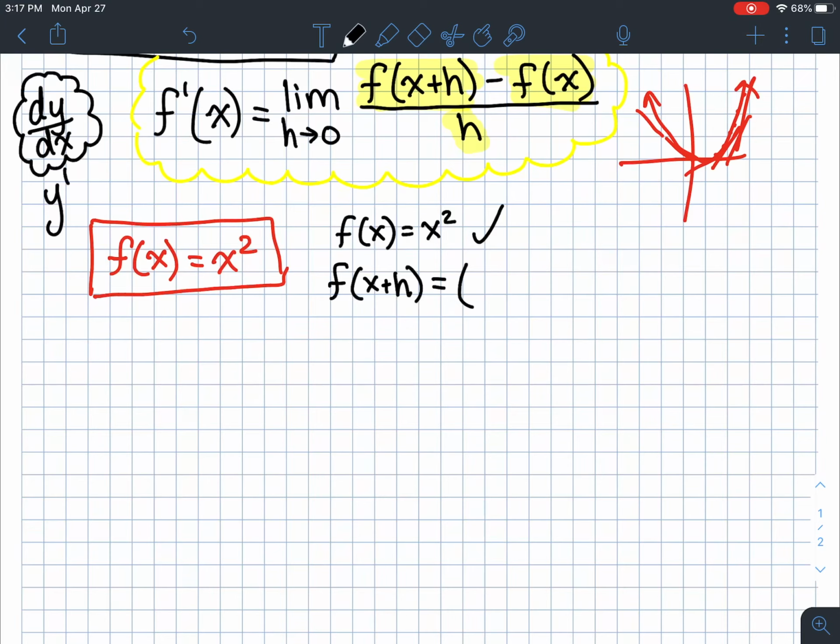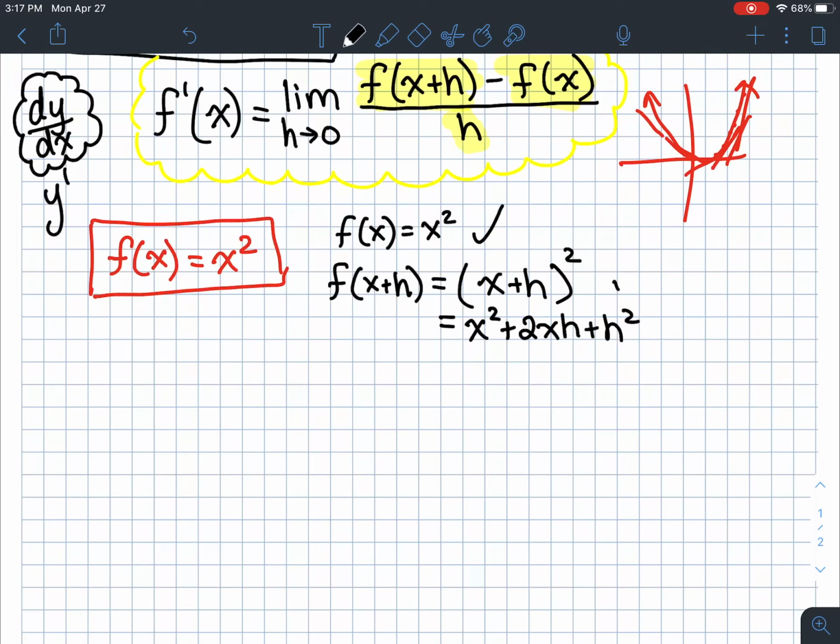So we had x squared, now we're going to have x plus h squared. I'm just going to expand that. So x plus h squared would be x squared plus 2xh plus h squared, right? Because x plus h squared means x plus h times x plus h.